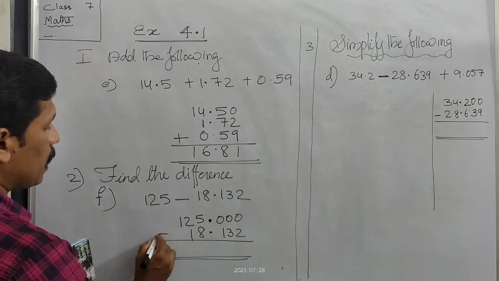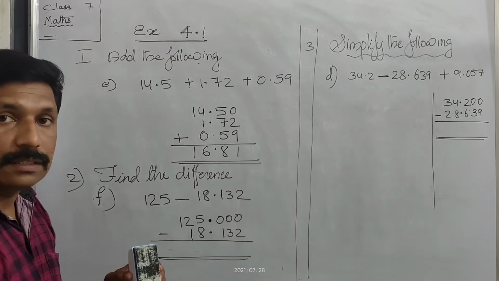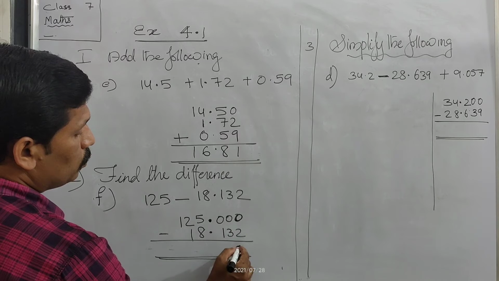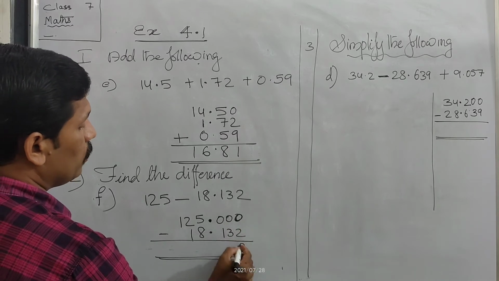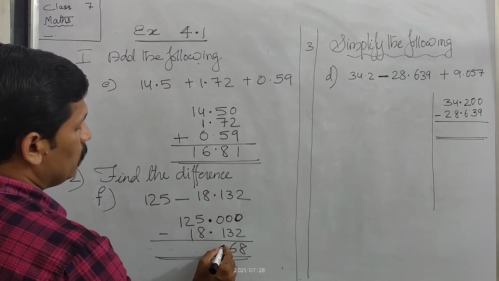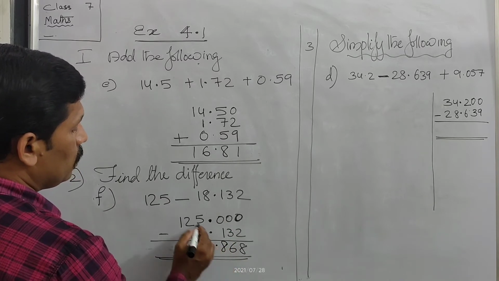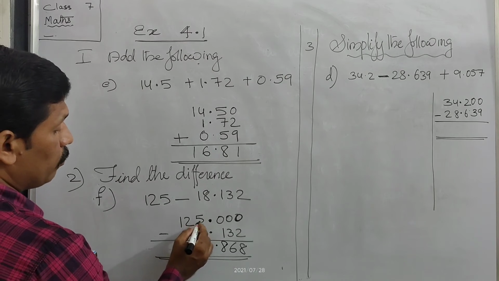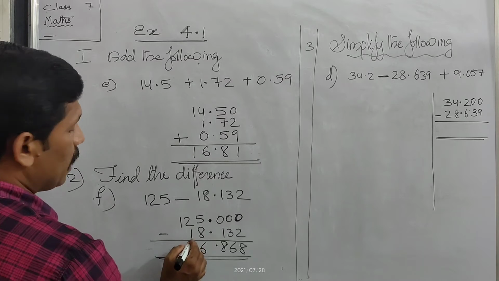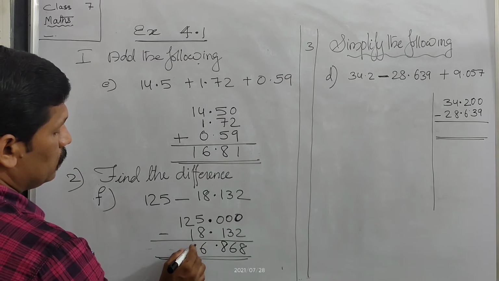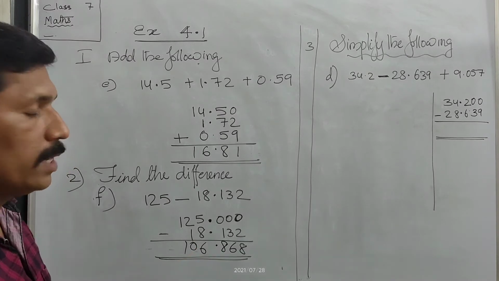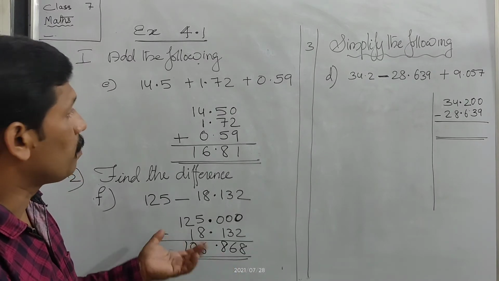Then we subtract. 0 minus 2 is not possible, so 10 minus 2 is equal to 8. 9 minus 3 is equal to 6. 9 minus 1 is equal to 8. Here 15 changes to 14. 14 minus 8 is equal to 6. And 1 minus 1 is equal to 0, and 1. 106.868 is the subtraction result.